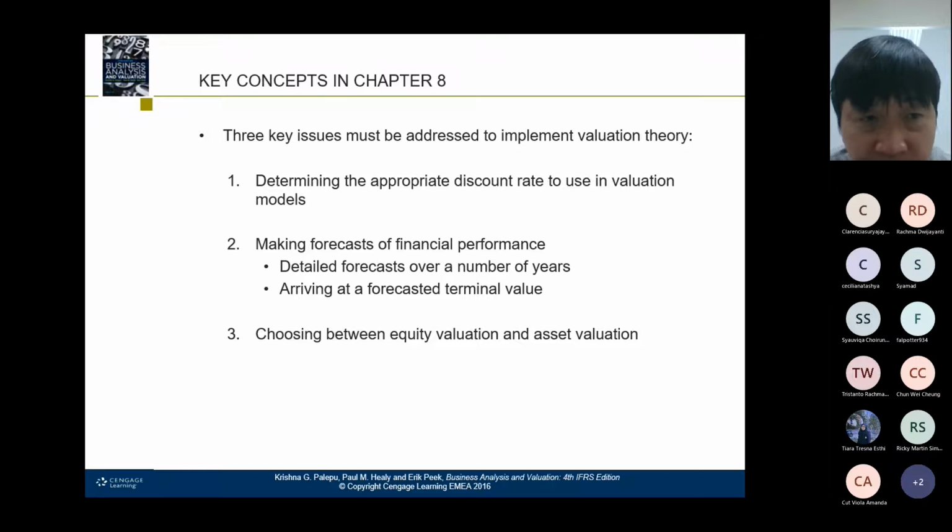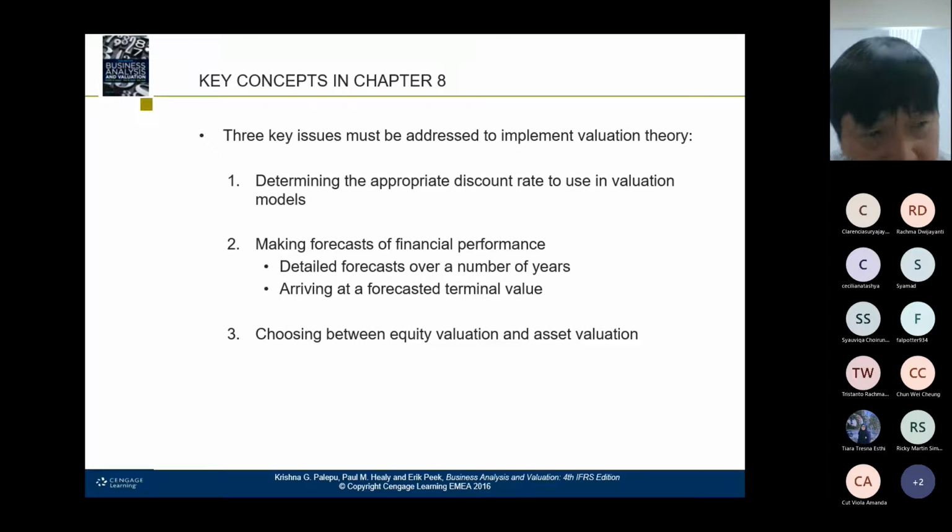There are four factors we have to get to know. The first factor is the future cash flow. You give an approximated estimation of your future cash flows.